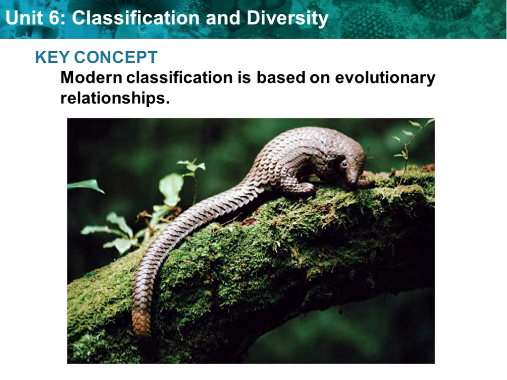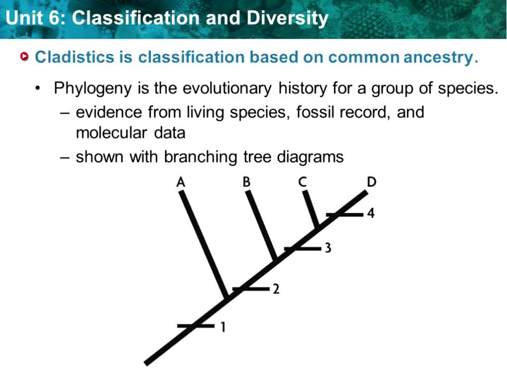So again, this next way is based off of evolutionary relationships, not physical similarities like the Linnaean one. This one is called phylogeny. Phylogeny is the evolutionary history for a group of species.